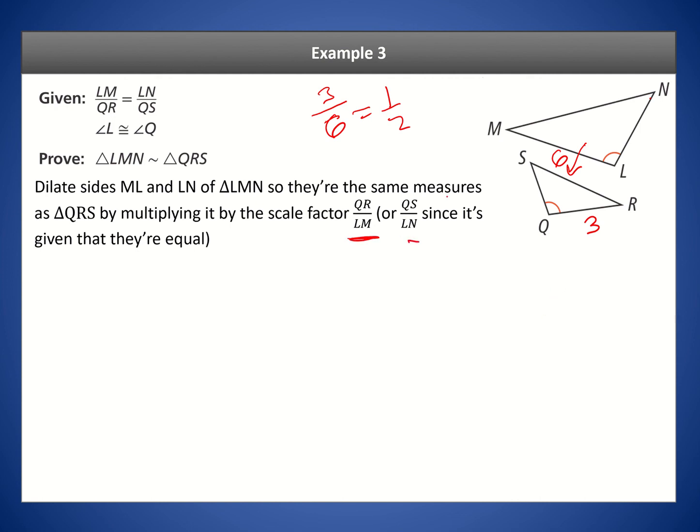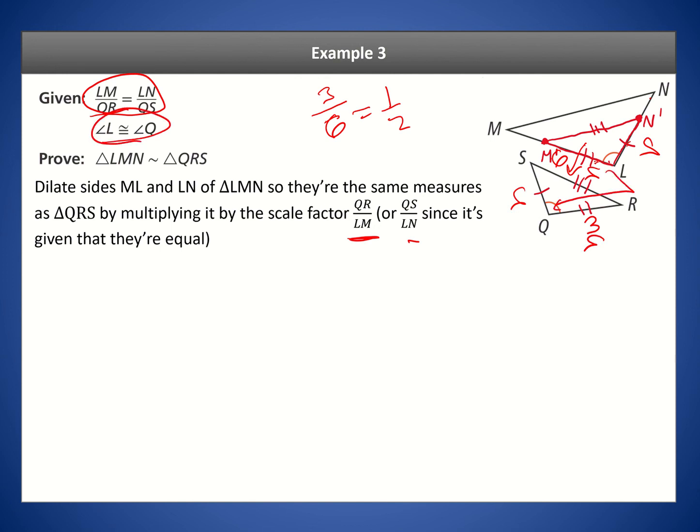So multiplying by the scale factor for both sides, and we know that the scale factor for both sides is equal because that was given, then we're able to get that these 2 sides are congruent. So we got a side that's congruent, side, side. And we know that it was given that the angles between them are congruent.